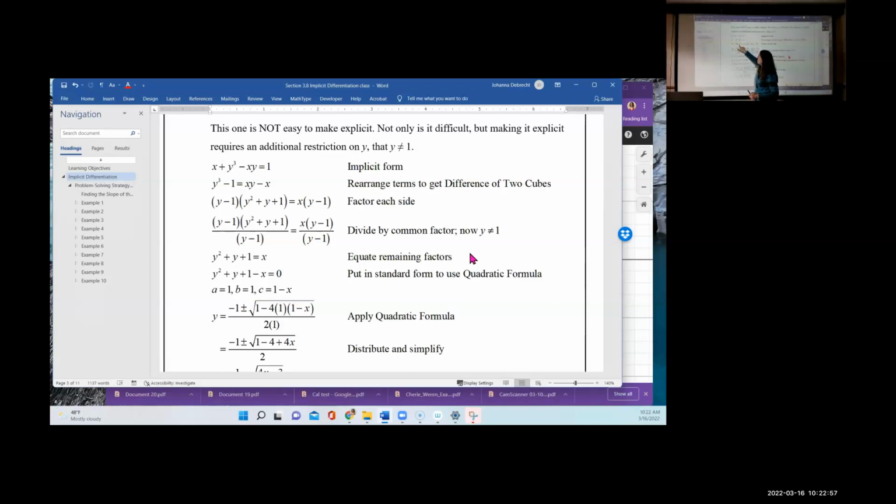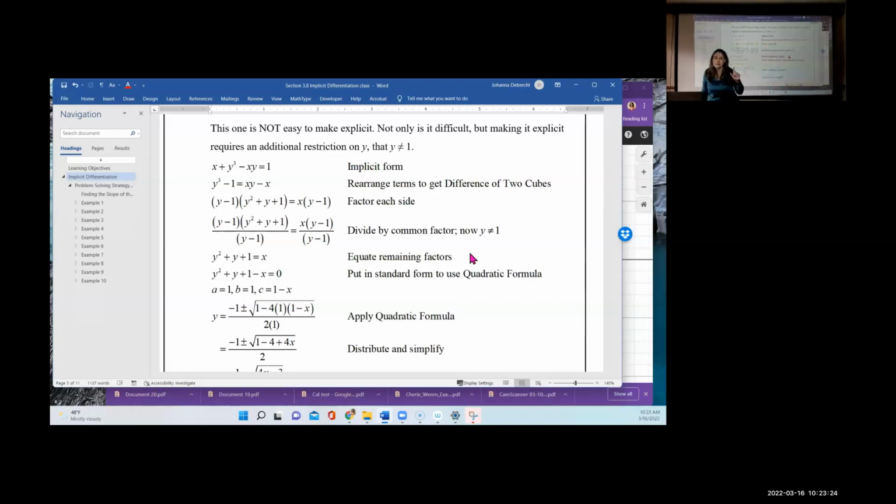You square the first one, you multiply the two together but take the opposite sign, and you square the last one. So this is a known formula for how to factor the difference of two cubes. On the right side, notice that we factor out the x, and that gives us a y minus 1. This gives us two of the same factor on opposite sides of the equation.